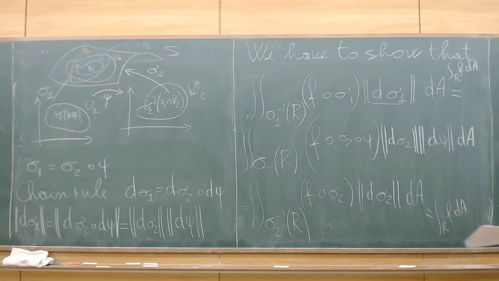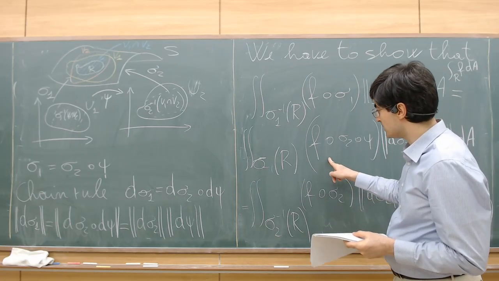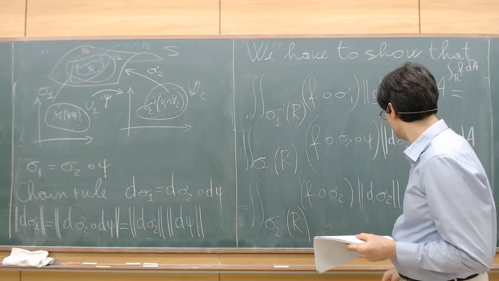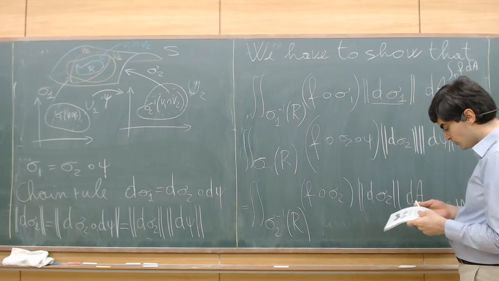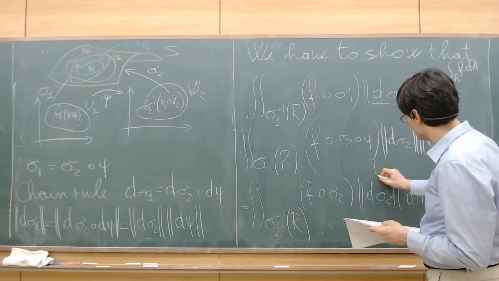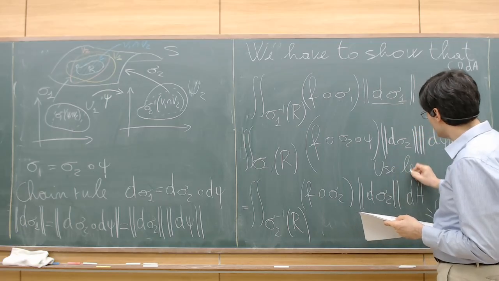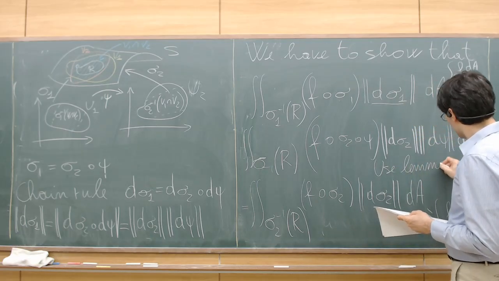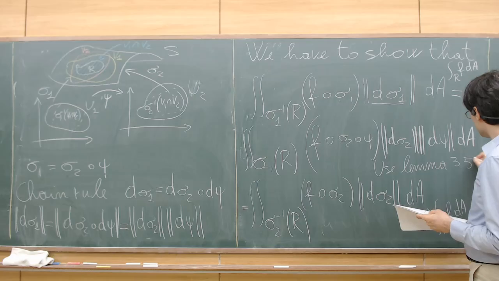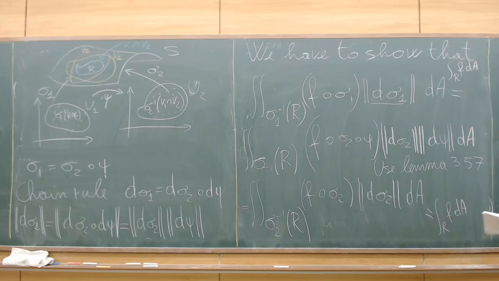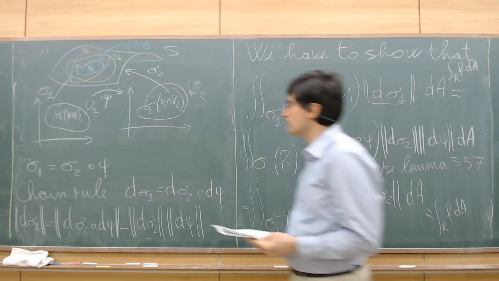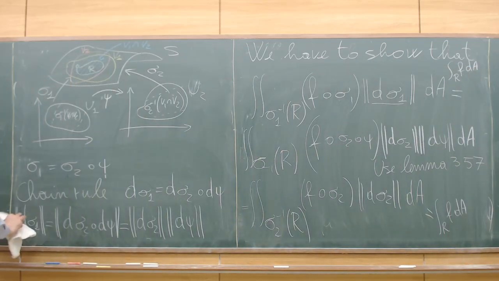Now to prove that this is equal to this, you have to use lemma 3.57 and it is done. Okay, now let's see two examples of application of this formula.